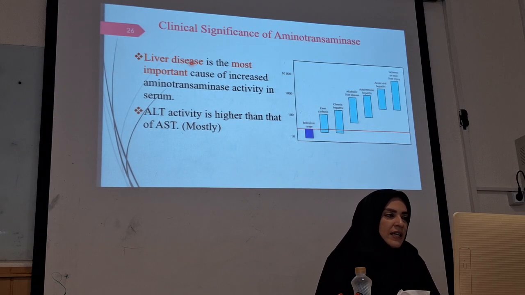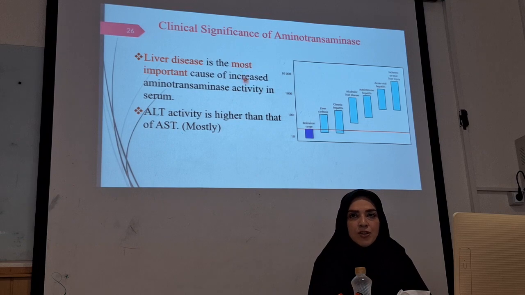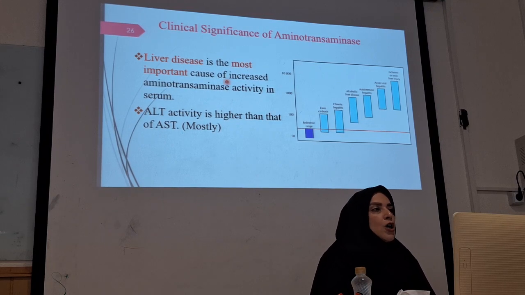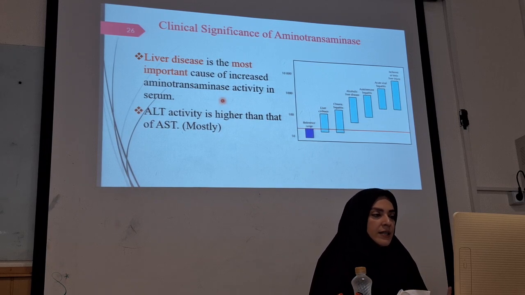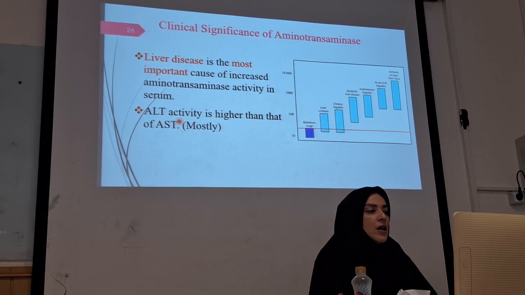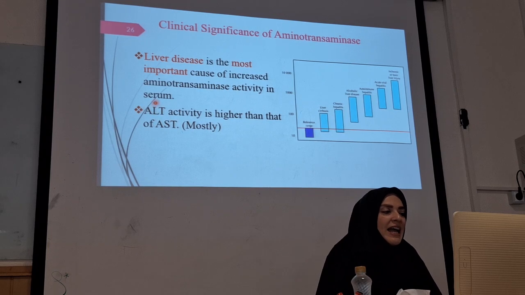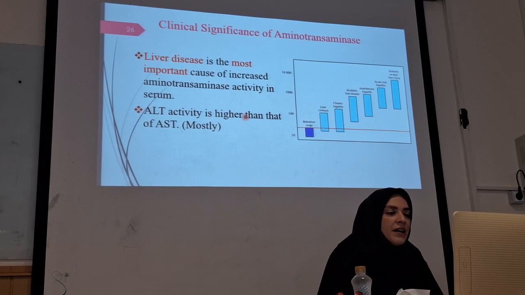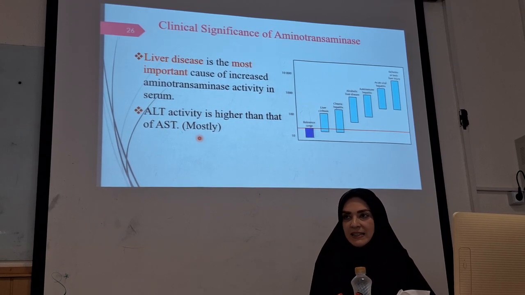About the clinical significance, as I mentioned, liver disease is the most important, and these are the normal routine tests for the evaluation of liver disease. And according to the tissue distribution, because ALT has the highest concentration in the liver, most of the time ALT is higher than AST, okay?